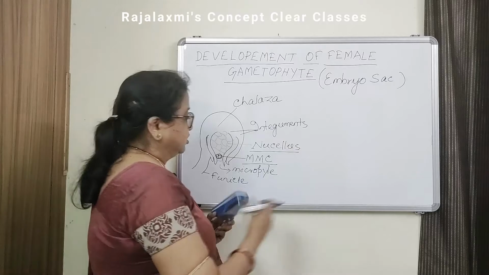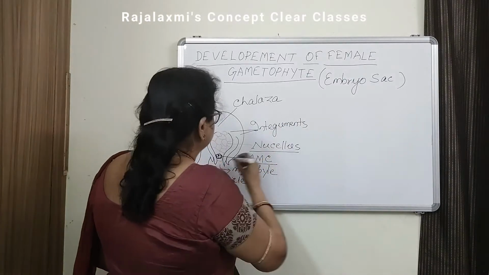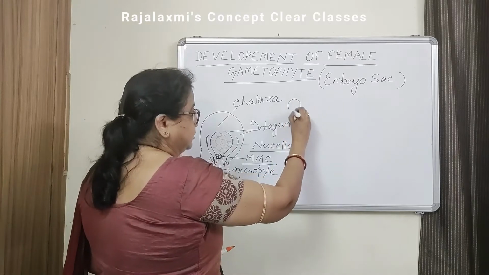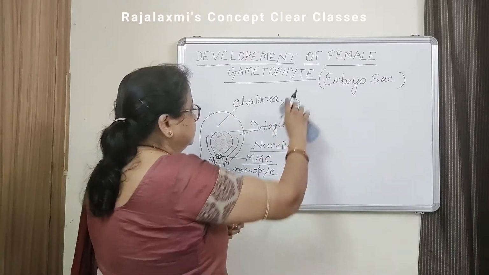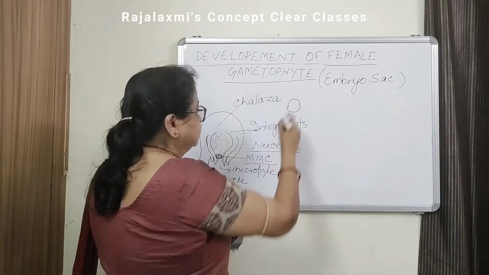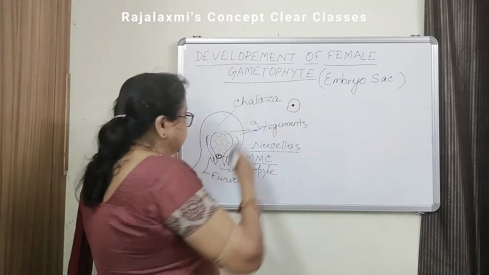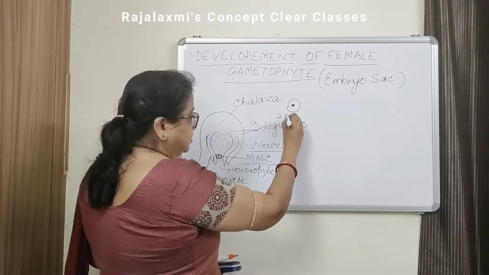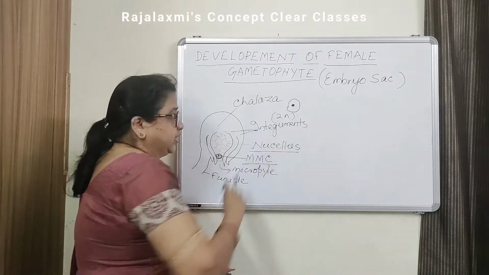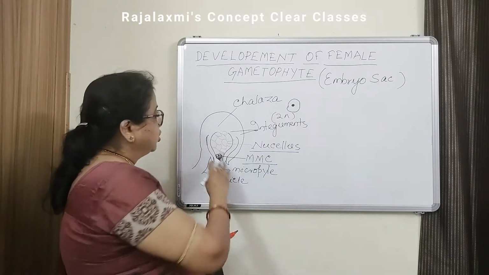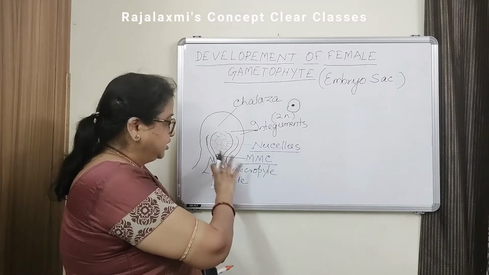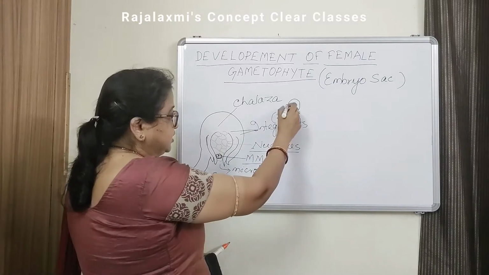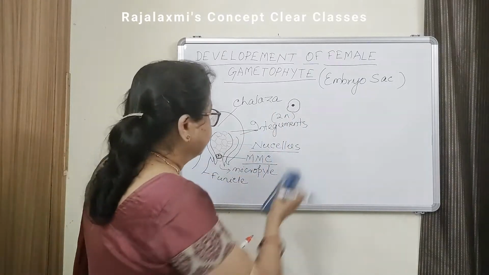Suppose we draw the megaspore mother cell here. This megaspore mother cell is diploid or has 2n number of chromosomes because all the nucellar cells are diploid, and so the megaspore mother cell is also diploid.